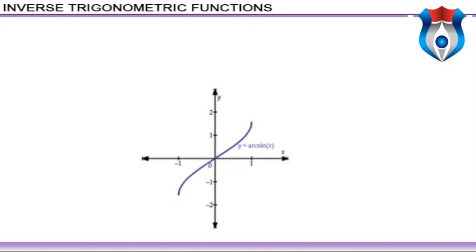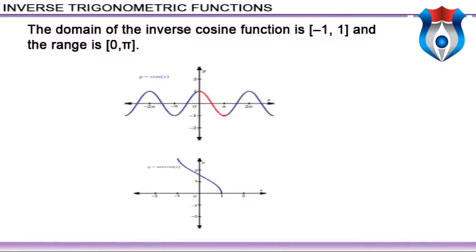Because the domain is restricted, all positive values will yield a first quadrant angle and all negative values will yield a fourth quadrant angle. The domain of the inverse cosine function is -1 to 1 and the range is 0 to pi. That means a positive value will yield a first quadrant angle and a negative value will yield a second quadrant angle.